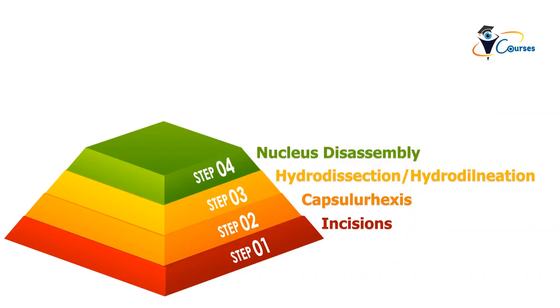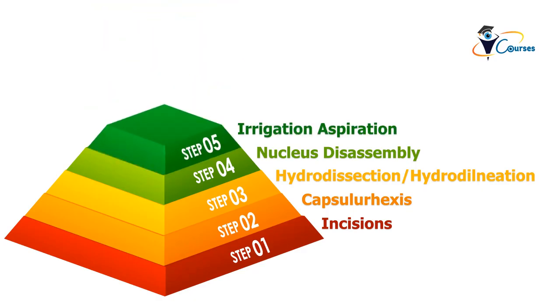If you do the nucleus disassembly well, you will have no problems. If not, then you are risking rupture of the posterior capsule, if you are not in the safe zone, not respecting the anatomy, and not being aware of your boundaries, like where the anterior capsule is, where the endothelium is, and where the posterior capsule is. Then step 5 will be the irrigation aspiration.